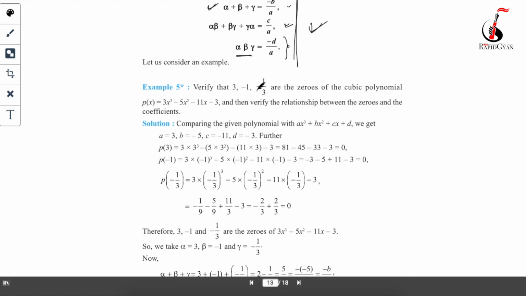Here they are asking you to verify whether 3, minus 1 and minus 1 by 3 are zeros of the polynomial or not.